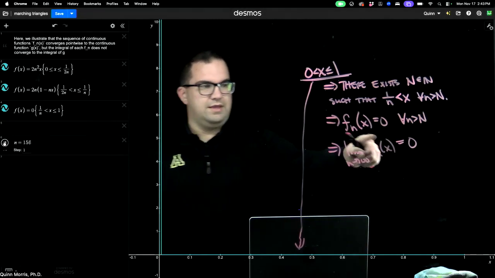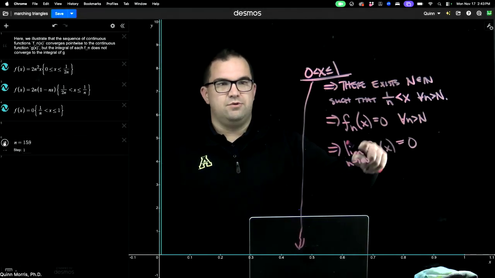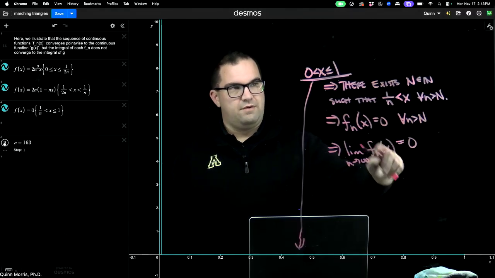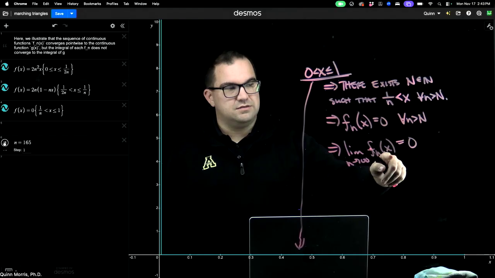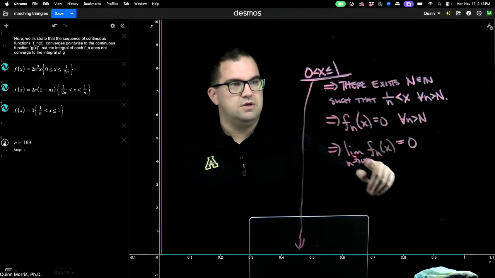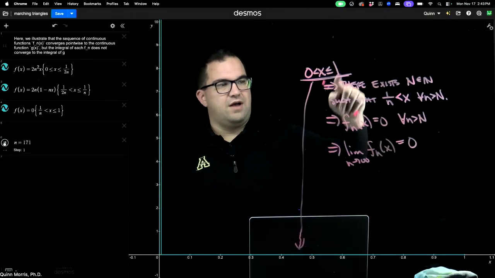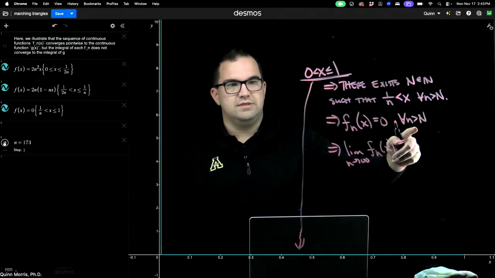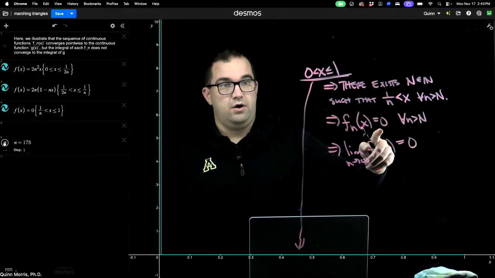For a fixed x value, this is just a sequence of real numbers. So if I plugged in a particular x, I know that for any x values in here, eventually that sequence is always just equal to 0.